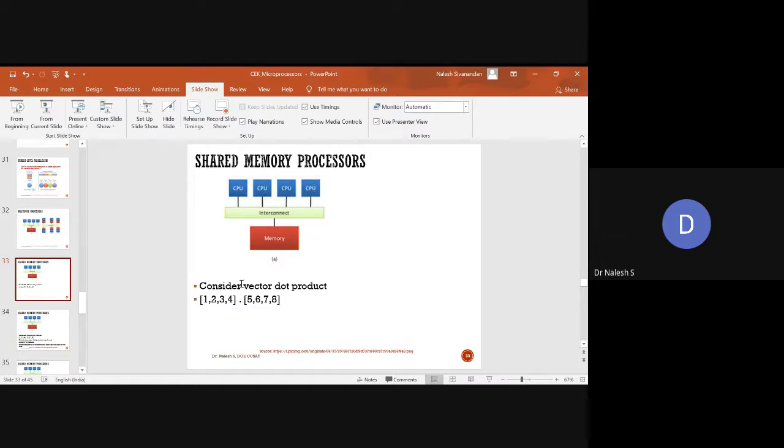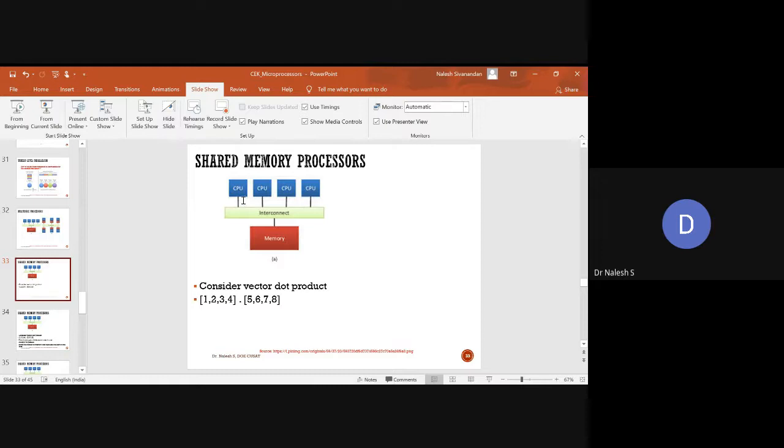So the 4 products are going to be computed by the 4 CPUs. Once all the results are generated, they are written to the memory. After that, one of the CPUs will read all the results from the other CPUs and add them up to get the final value.